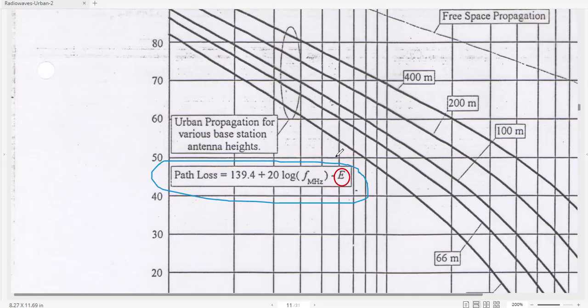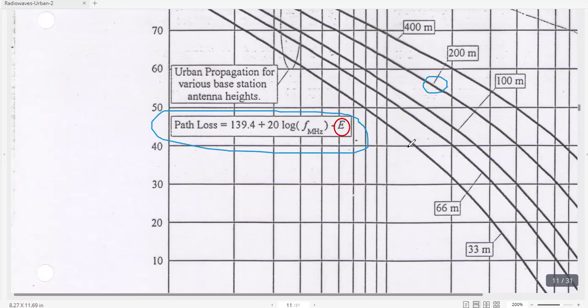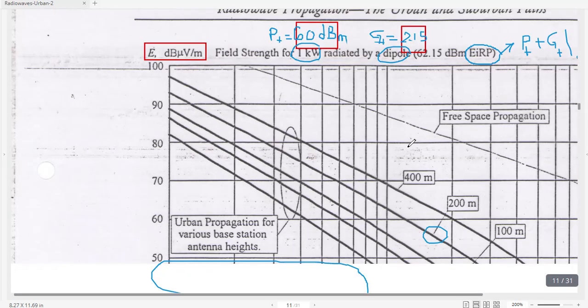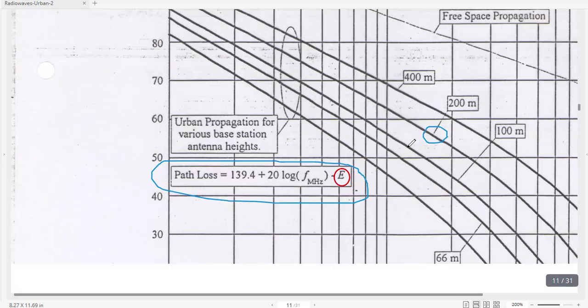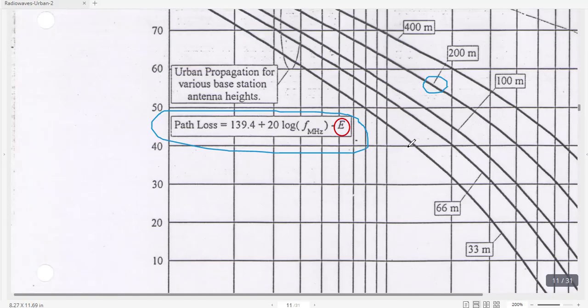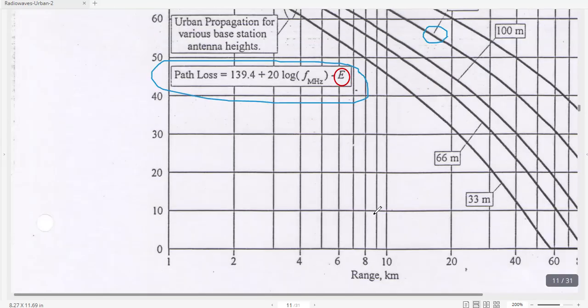We said that the base station height was 200 meters, so we choose this curve here, 200 meters, and the mobile height is 3 meters. There is no frequency here, so we want to see the distance, the range, exponent power law.